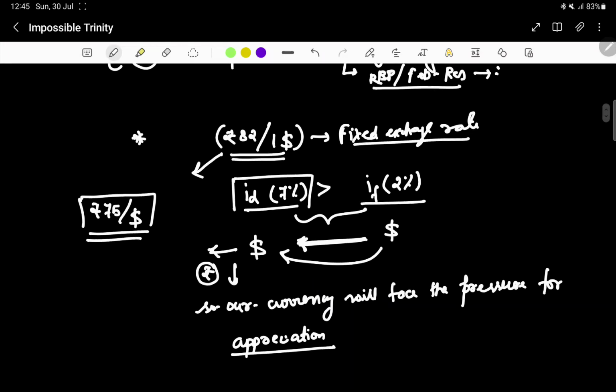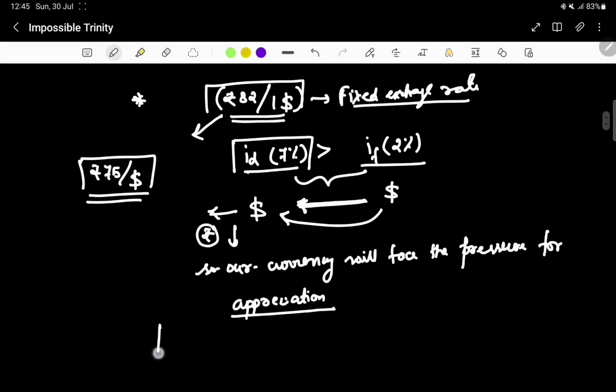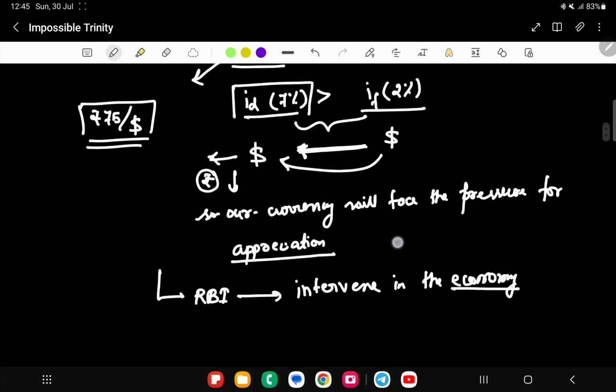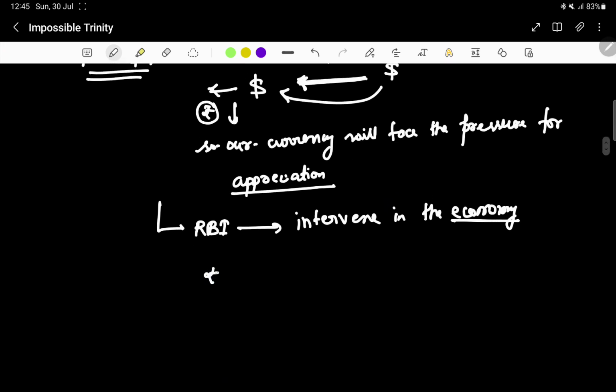But to make sure that our currency is stable at 82 rupees a dollar, the RBI has to come and intervene in the economy in such a way that it increases the supply of rupees and buys the dollar.